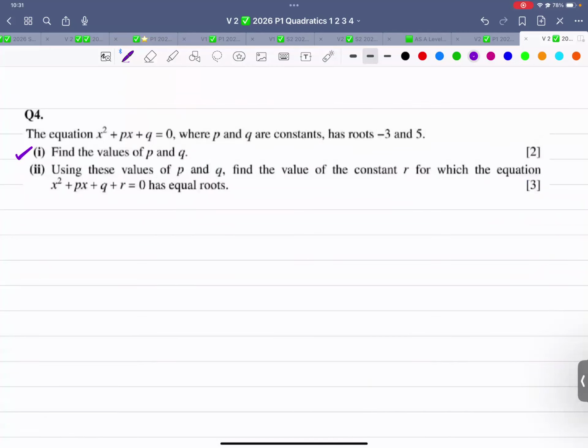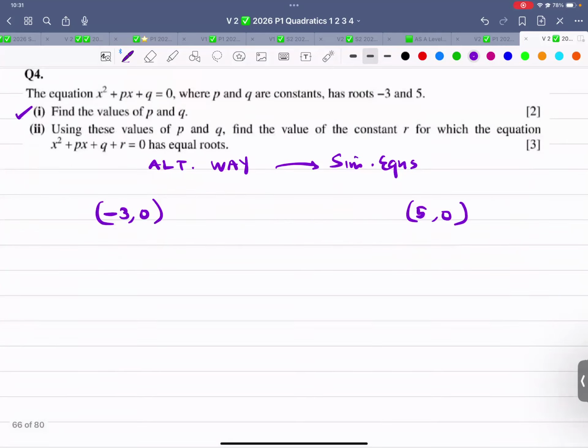So now, part one, alternative way, that is simultaneous equations. So what I can do is that if it has roots minus 3 and 5, that means minus 3 comma 0, the y value is 0, and 5 comma 0. These are two values.